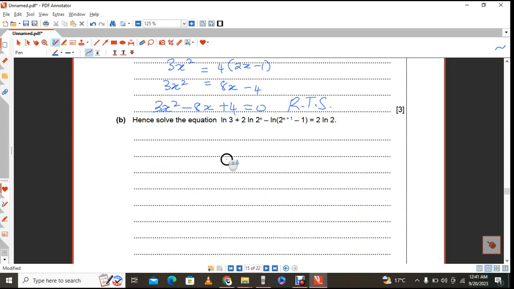Now, they say hence solve the equation. So what you need to do, before you start doing anything, very important, is use maybe the quadratic formula in order for you to find the values of x.